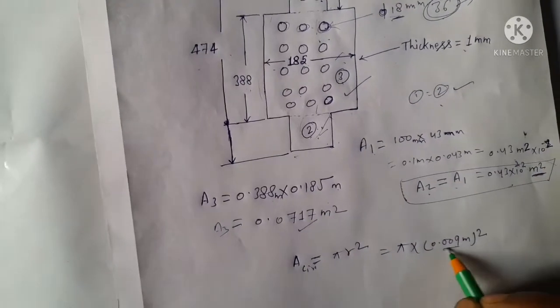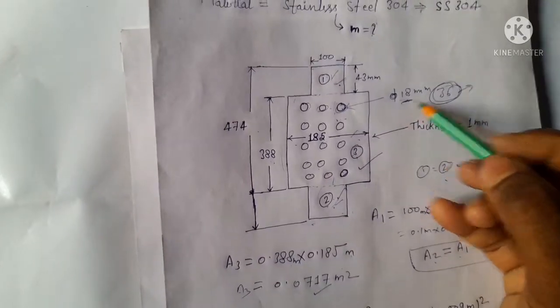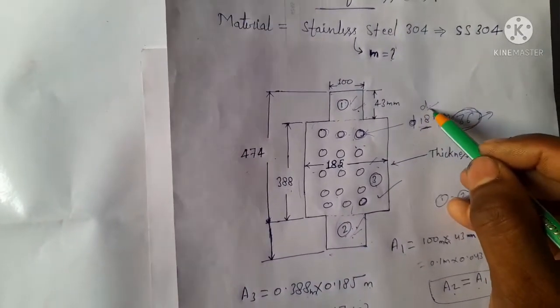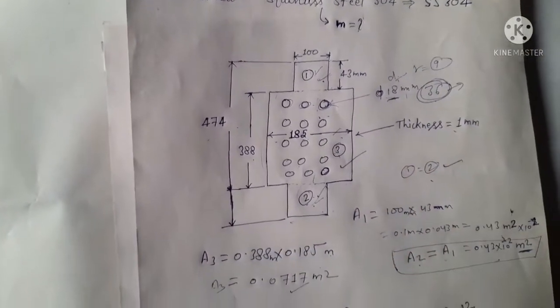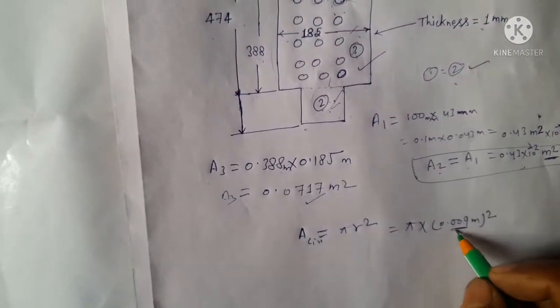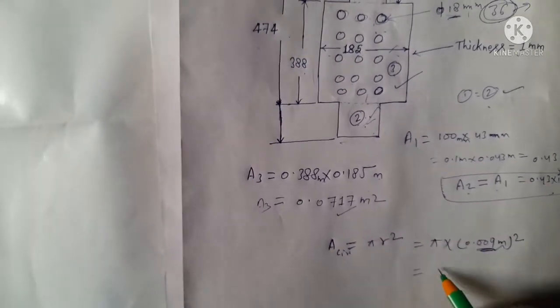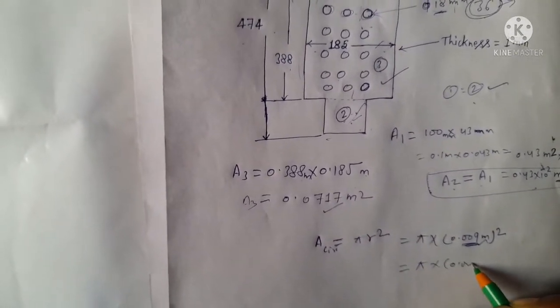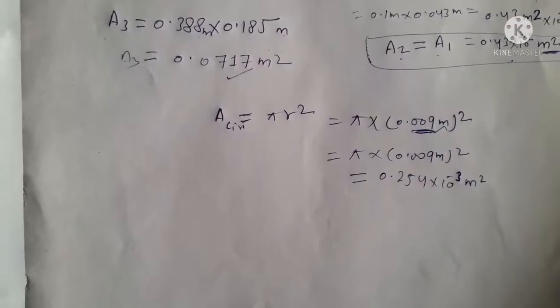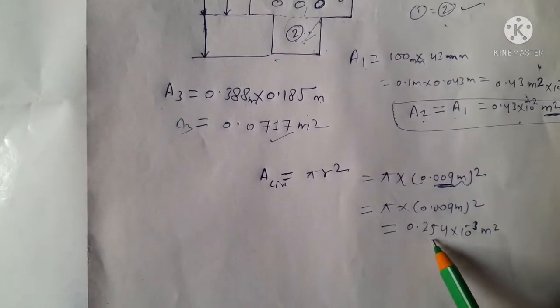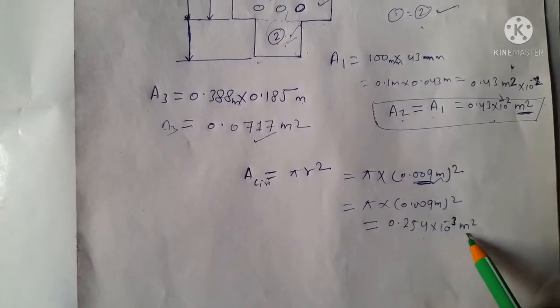After calculating pi multiplied by 0.009 meter squared, we get 0.254 times 10 to the power minus 3 meter square.